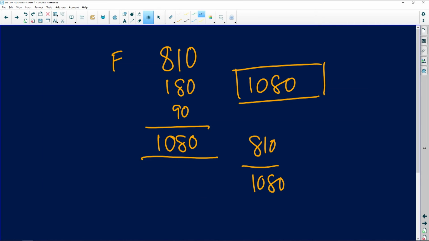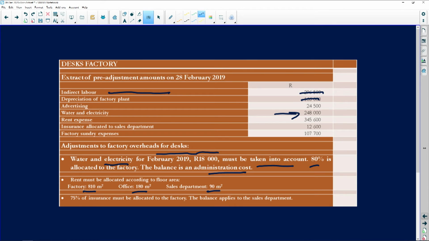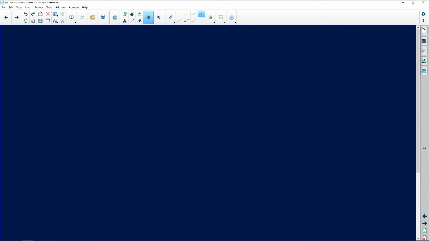Right, the next adjustment was, you are told that 75% of the insurance must be allocated to the factory. The balance applies to the sales department. Okay, now be careful. You are told here that insurance allocated to the sales department was 12,600. Okay? This means therefore, watch this here.